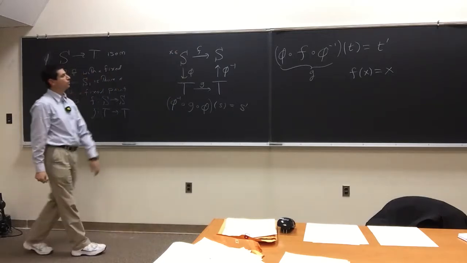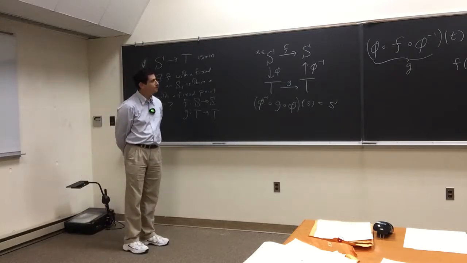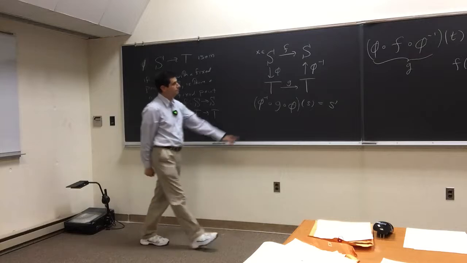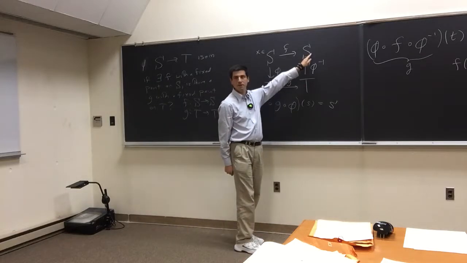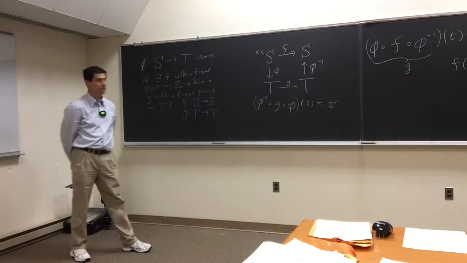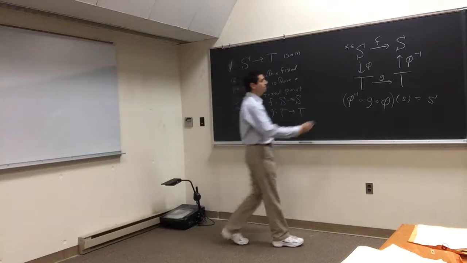And what point do you think we want to look at down in T? Is it phi of x or phi inverse? Phi inverse takes something in T and gives us something in S. We're looking for something in T, and I'm giving you a point x in S. So we would want phi of x.